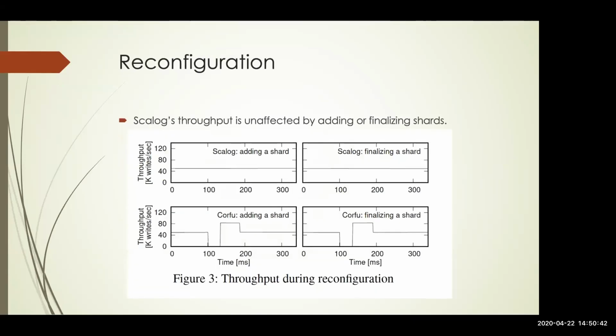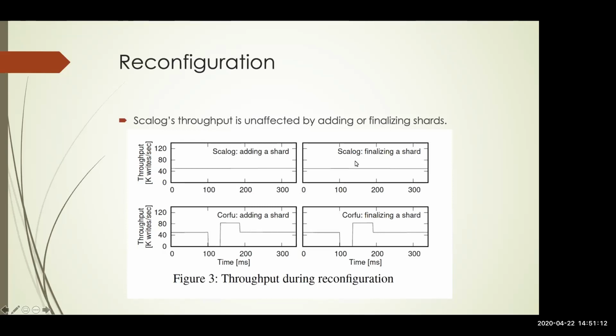For reconfiguration, first they added a shard, and looked at how both systems behave. In the case of Scalog, the throughput remains constant, but in the case of Corfu, there is some downtime, and after the downtime there is a jump in throughput.